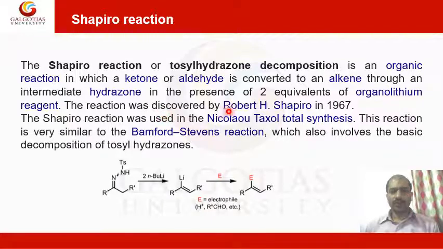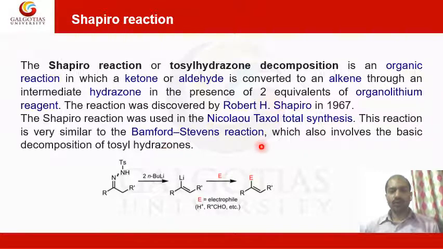The reaction was discovered by Robert H. Shapiro in 1967. The Shapiro reaction was used in the Nicolaou Taxol total synthesis. This reaction is very similar to the Bamford-Stevens reaction, which also involves the basic decomposition of tosyl hydrazone.